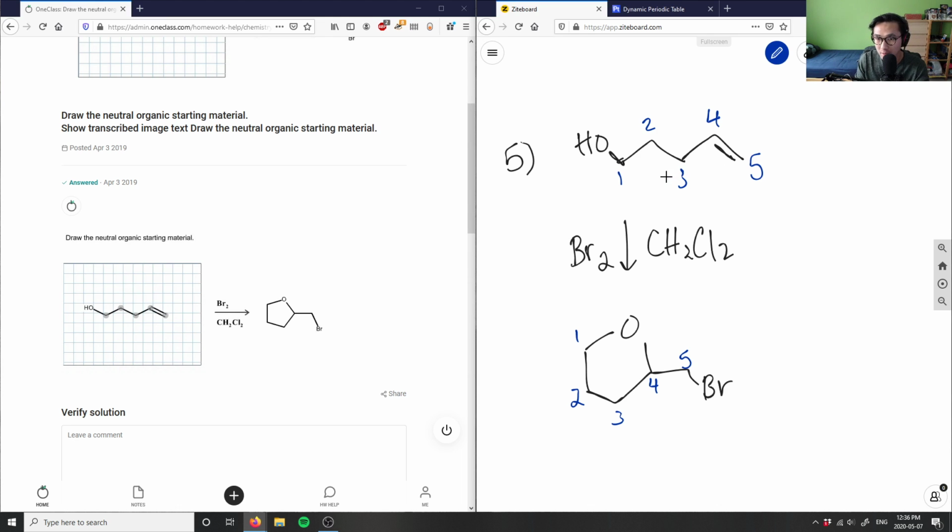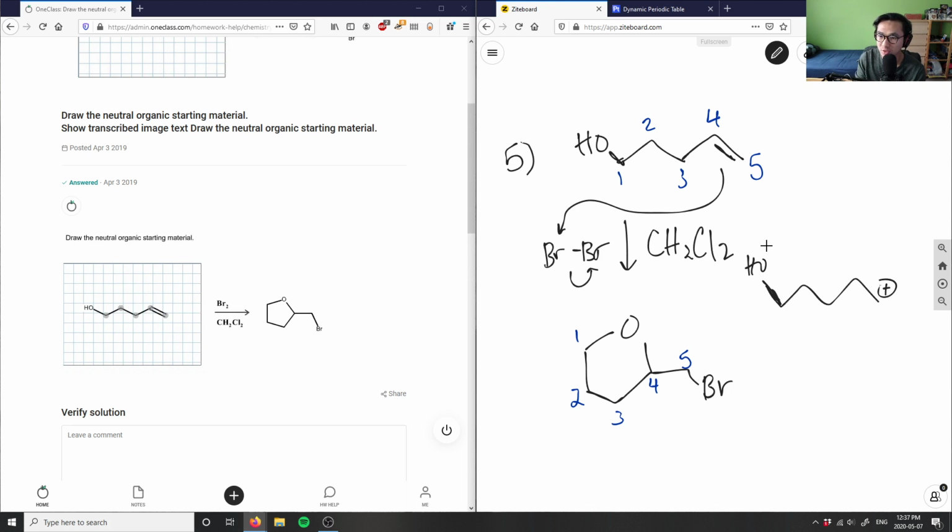So basically what happens is that these electrons attack this bromine here. I can draw an arrow. Let me break up this Br2 here. I draw an arrow from here to here. It's going to kick out one of these bromines and form an intermediate that has a positive charge, right? I'm going to get something like so.